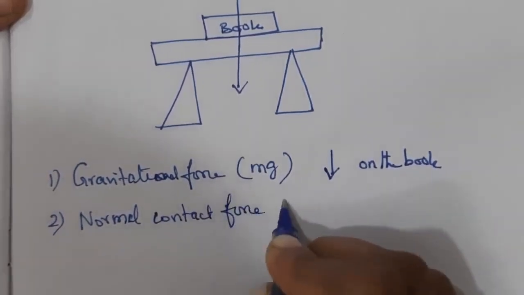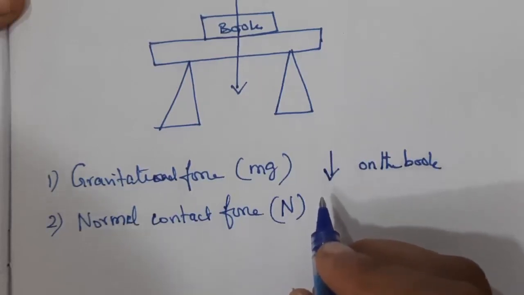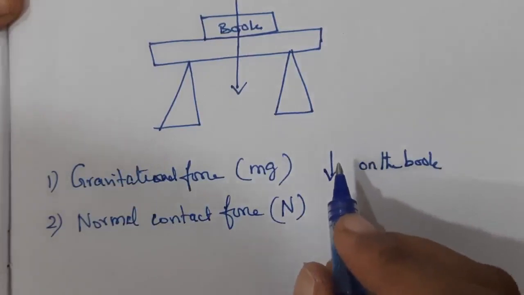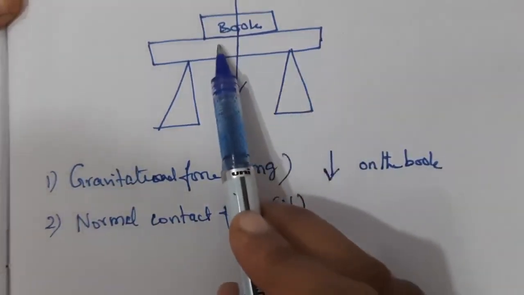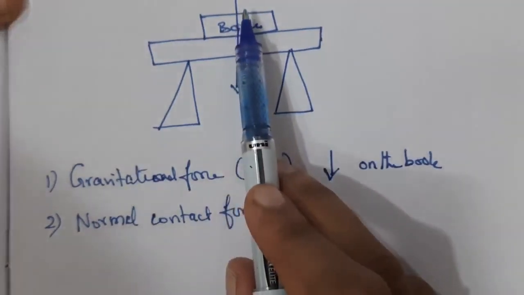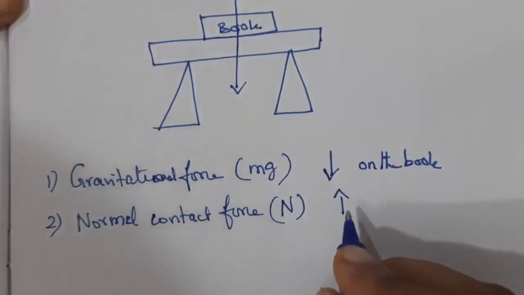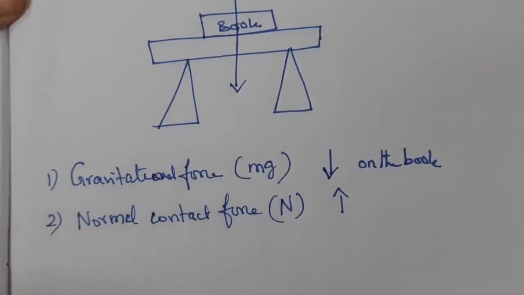Normal contact force, we can denote as N, which is exerted by the surface of the table on the book. It acts upwards. This is the answer to the first question.